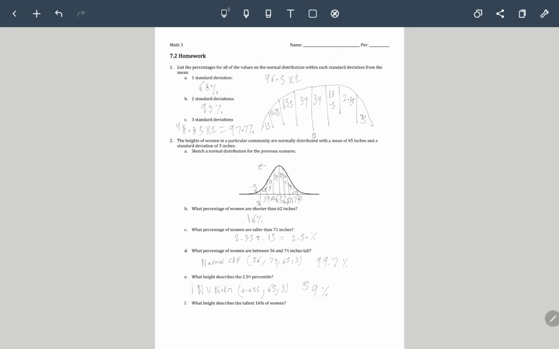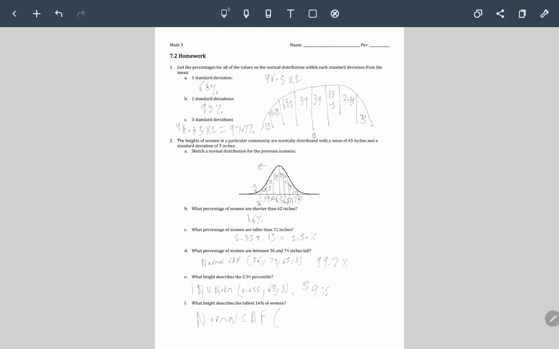Now let's go to what height describes the tallest 16%. For 16% it says tallest, so that means it's the greatest. So we have our upper bound, but now we have to determine what percent it is. So normal CDF should do the trick. We got normal CDF, and this one is a little different, right?